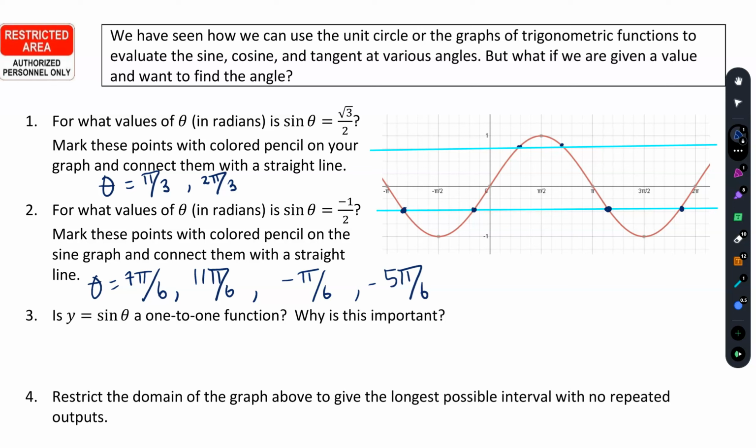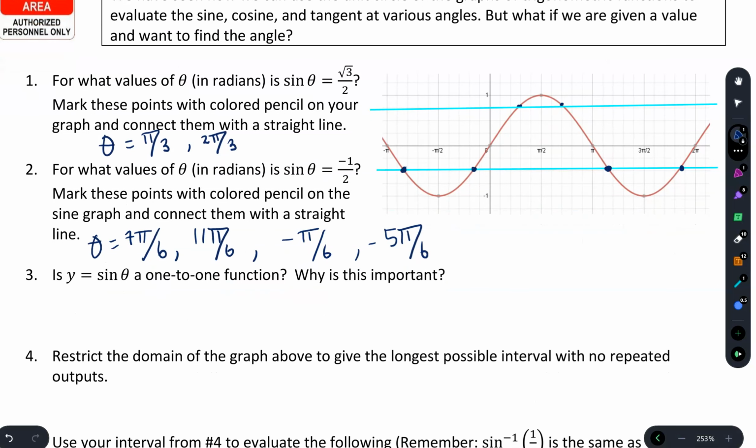The vertical line test means that it's a function, and the horizontal line test means that it would be one-to-one. So for one y value, there is one x value. Is that true?